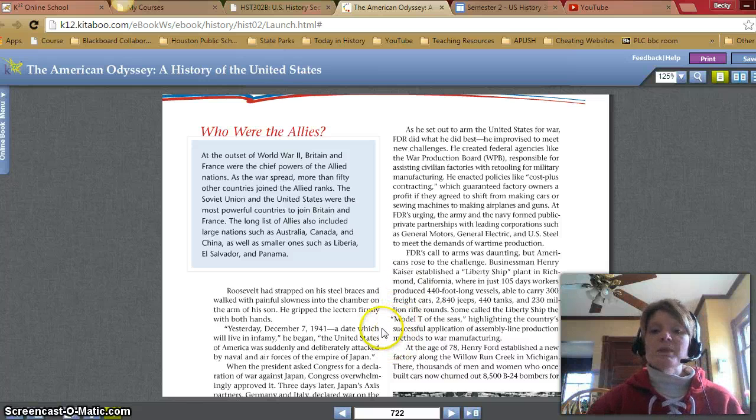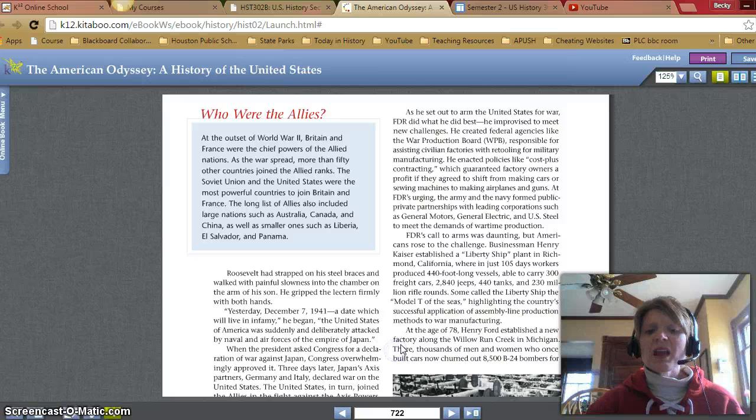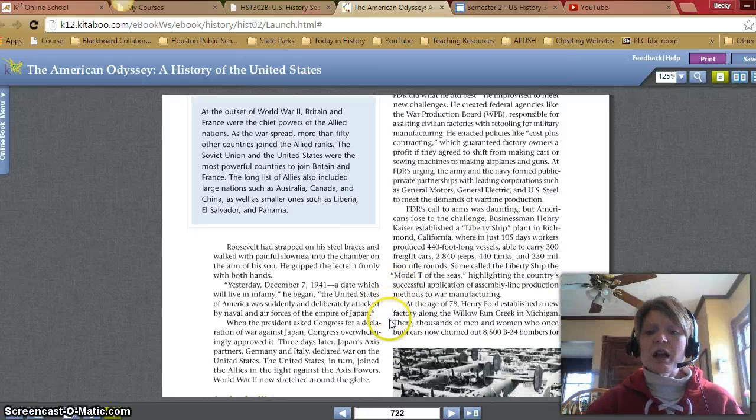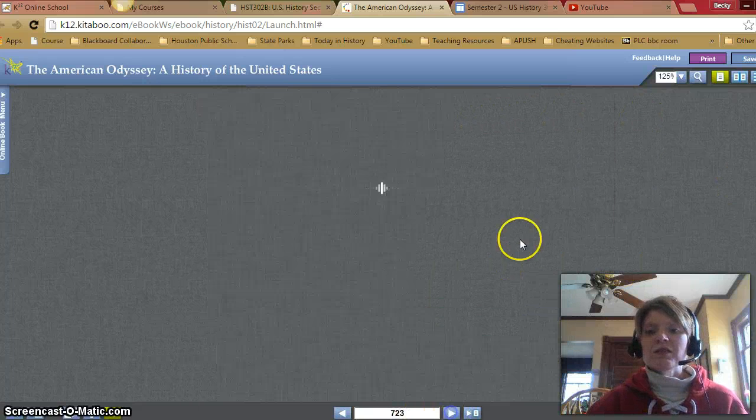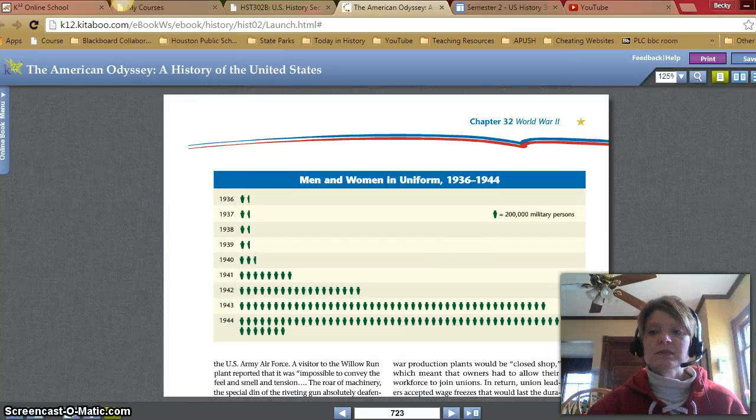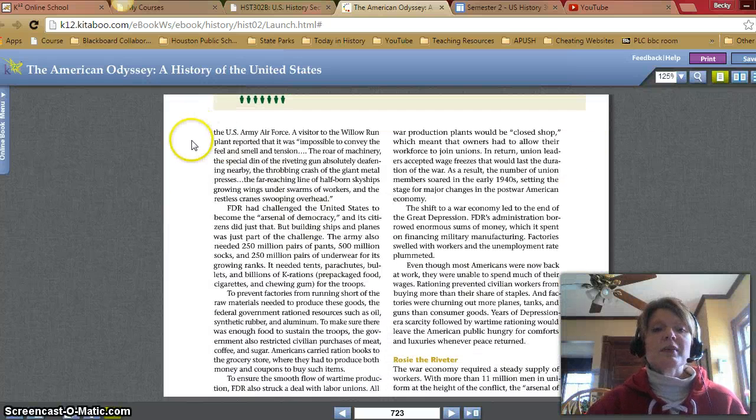Some call the Liberty Ship the Model T of the seas, highlighting the country's successful application of assembly line production methods to war manufacturing. At the age of 78, Henry Ford established a new factory along the Willow Run Creek in Michigan. There, thousands of men and women who once built cars now churned out 8,500 B-24 bombers for the U.S. Army Air Force.